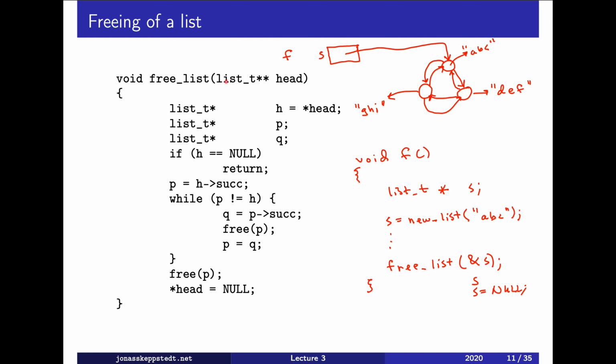So the parameter here points to that one. So here is head. The reason that we want the pointer to S is that we want in the end to say that it should be null, and then of course we need the address of this local variable.